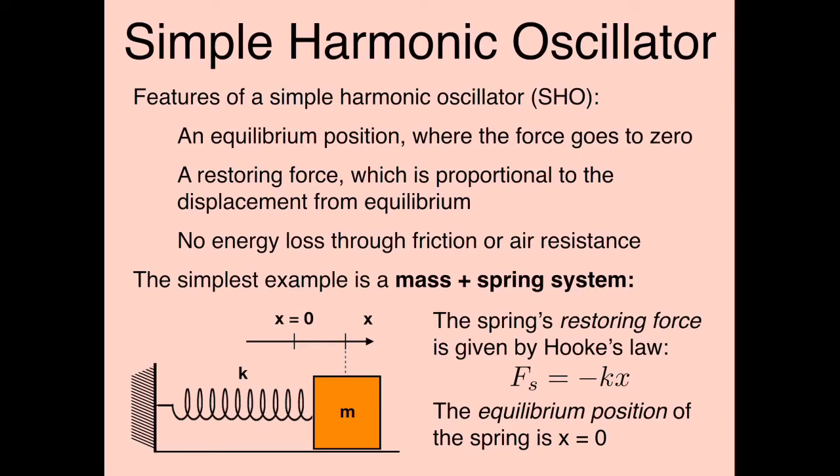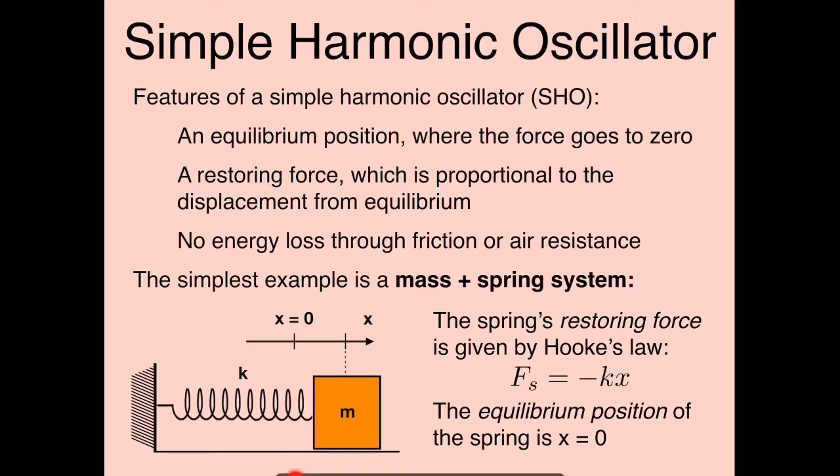Okay, so if we want to imagine what x is, it's your displacement from equilibrium. So in other words, if x is equal to 0, you're right at equilibrium, there's no force acting on the block. But if I, let's say, stretch the spring out like this, then I'll have some positive value of x.